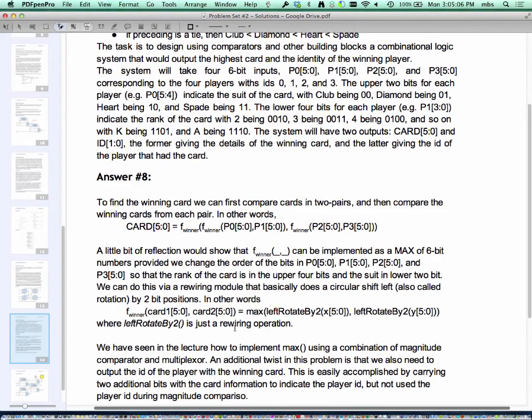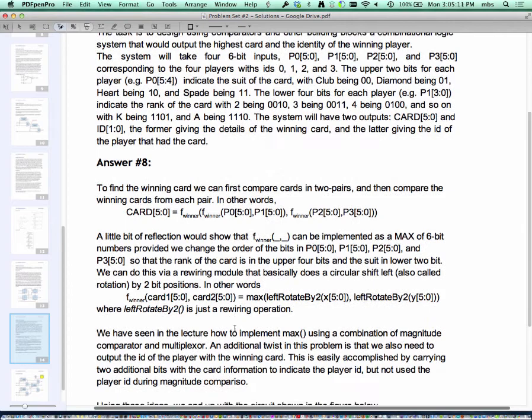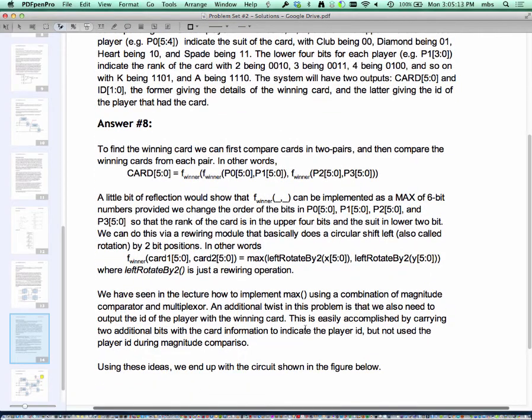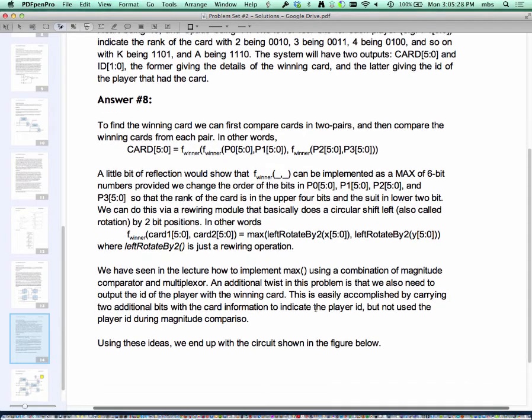And this rotation function is nothing but a rewiring function, so it doesn't count against a logic gate. And max we have already seen in the lectures before. If you recall, we implemented a max of 2 functions as being implemented through a 2-to-1 multiplexer and a magnitude comparator. So we can use the same strategy out here.